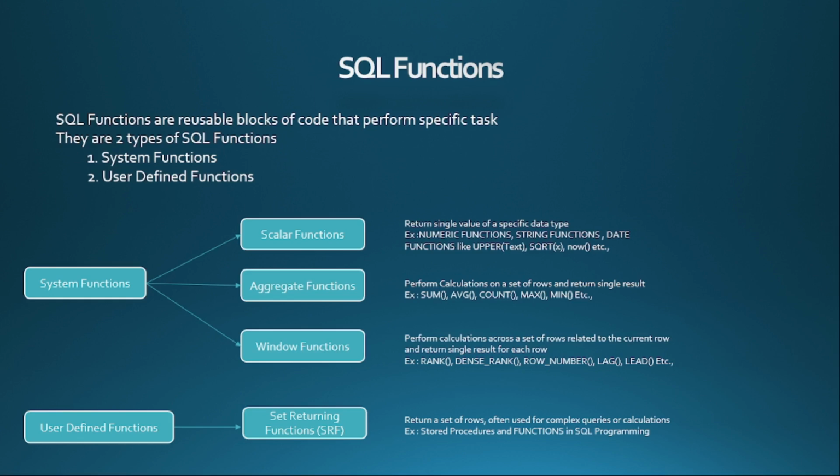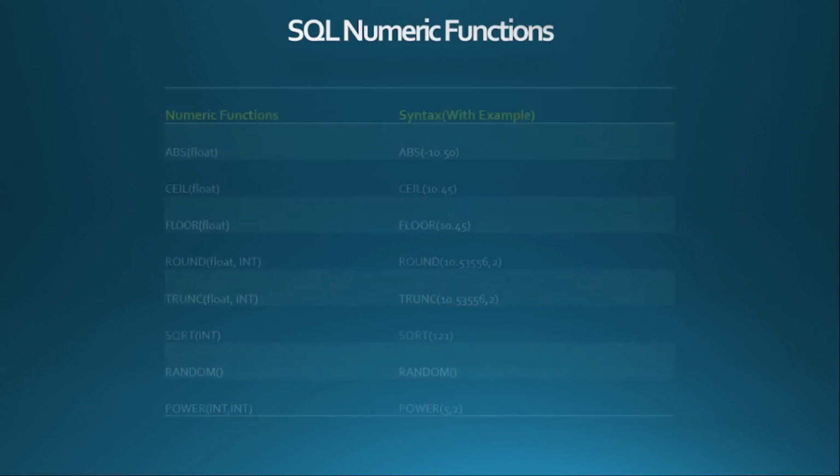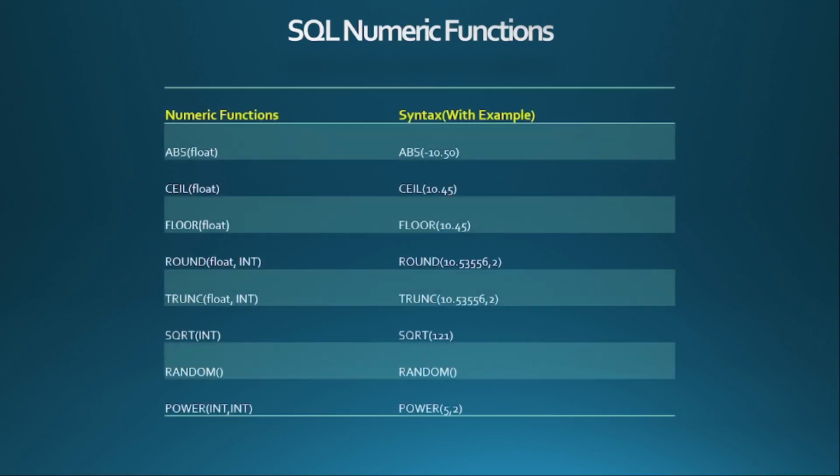Let's move to the next topic: SQL numeric functions. We have different numeric functions. In today's session we will cover numeric functions: absolute, CEIL, floor, round, trunc, square root, random, power. These are the major numeric functions which we will be using in our daily activities.